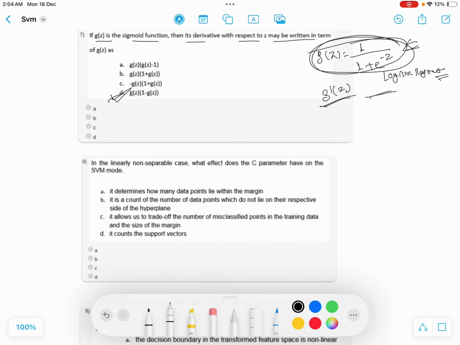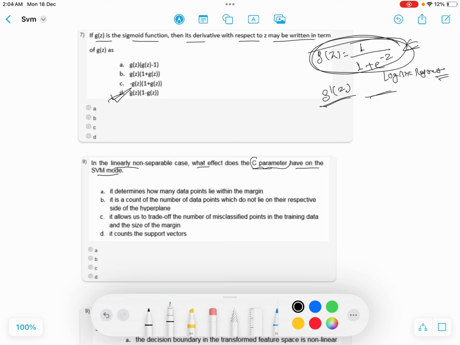Question number 8, in the linearly non-separable case. If any data set is linearly non-separable, what effect does the C parameter have on the SVM model?